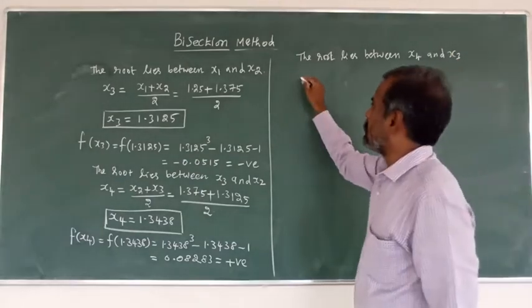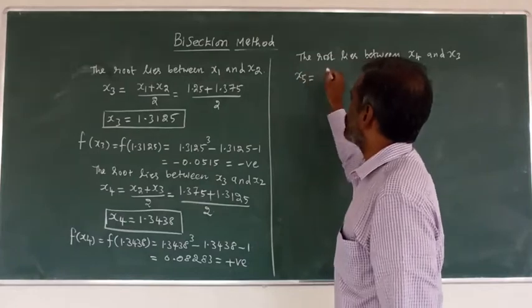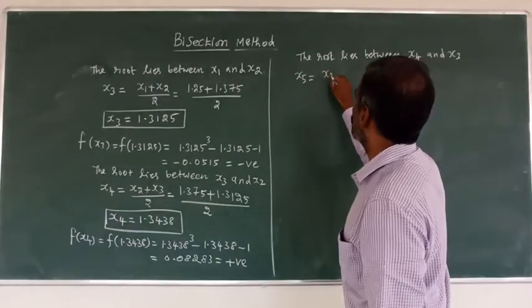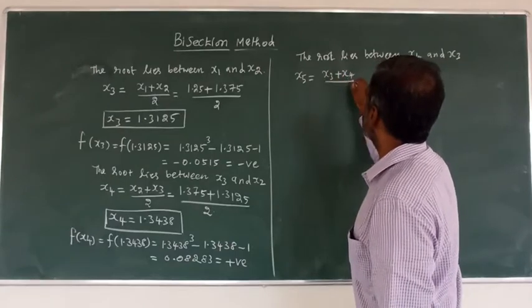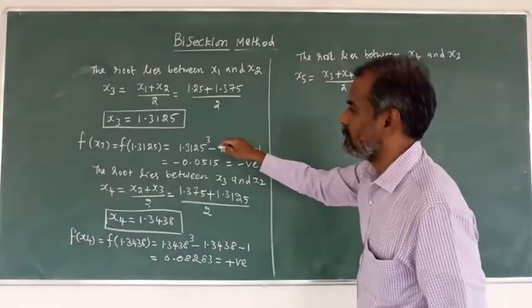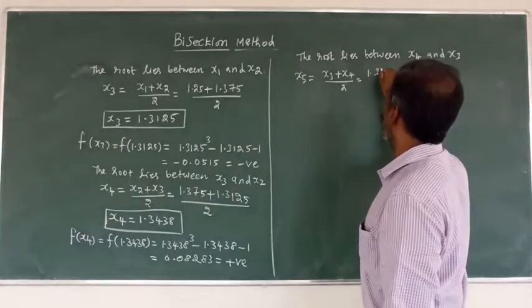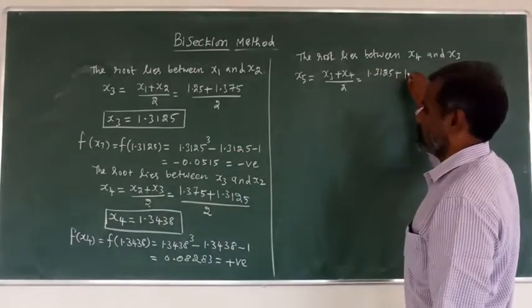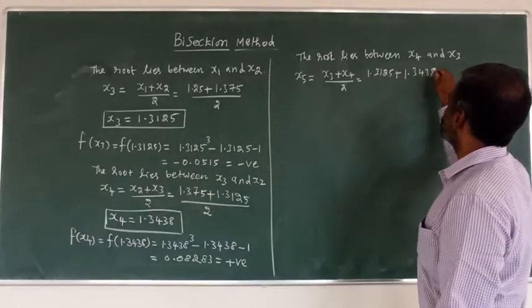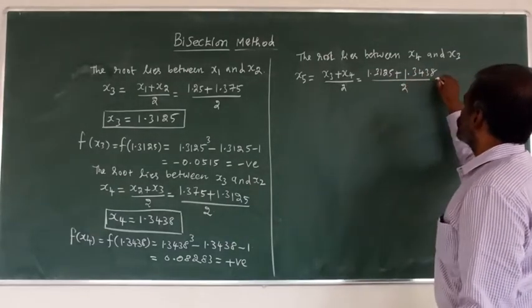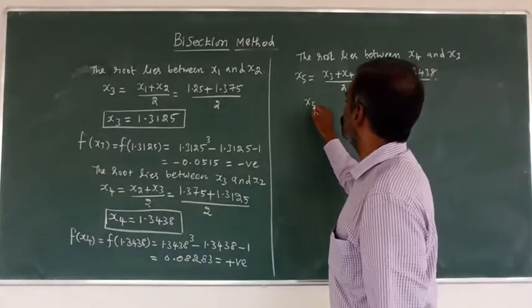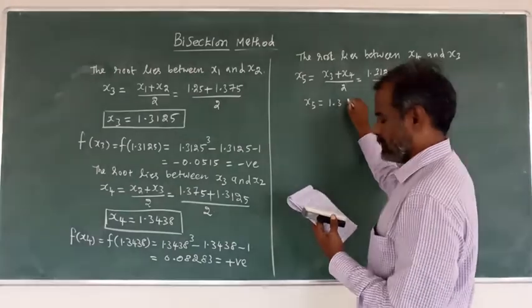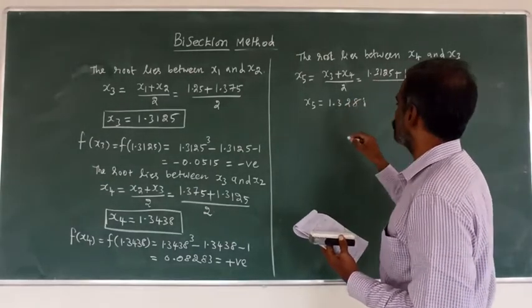Now iteration x5 equal to the average of these two, x3 plus x4 divided by 2. x3 value 1.3125 plus x4 value 1.3438 divided by 2. Now result x5 equal to 1.3281.